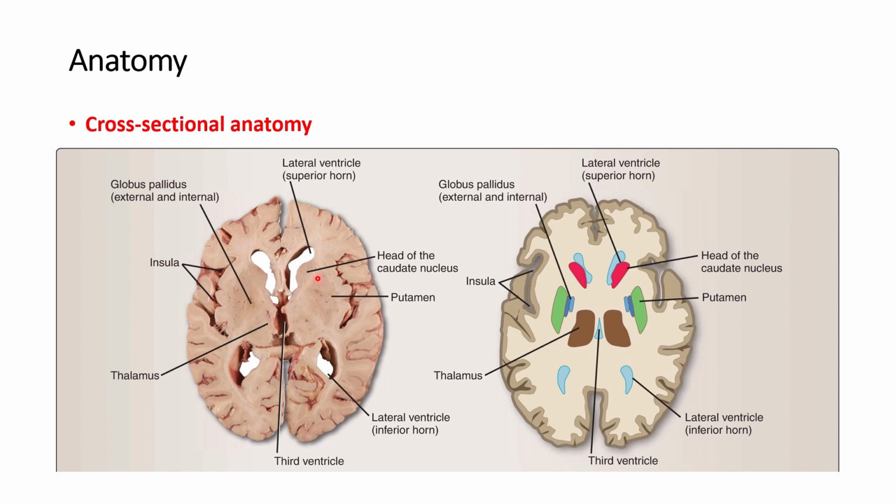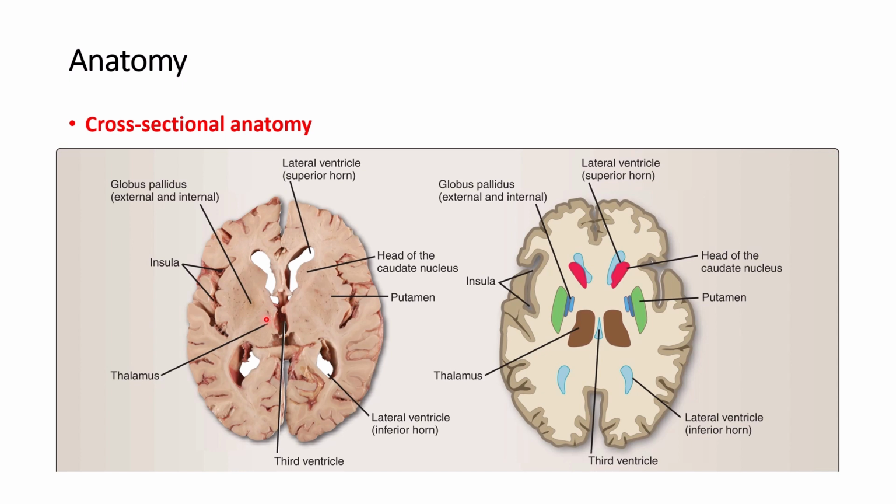Lateral to that is the putamen, then the globus pallidus, so the lentiform nucleus. The globus pallidus is around this area, and the putamen is more lateral to that. This is the insula, and the lateral sulcus is around here.